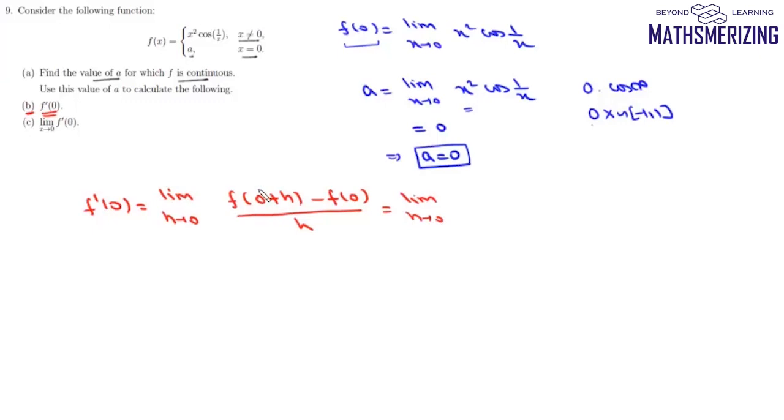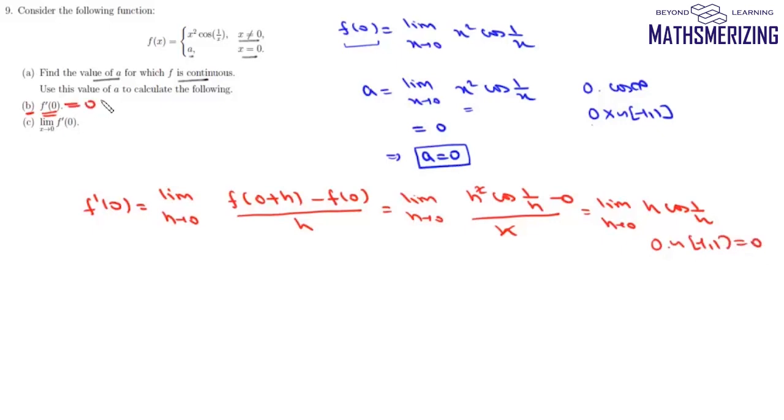Now what is f(0 plus h)? It will be h square cos 1 upon h minus 0 upon h. Now here h and h will cancel. So we'll get this limit as limit h tends to 0 of h cos 1 upon h. Now this again is 0 into cos infinity, which is an oscillating value between minus 1 and 1. So again this is 0. So the value of f dash 0 is simply 0.